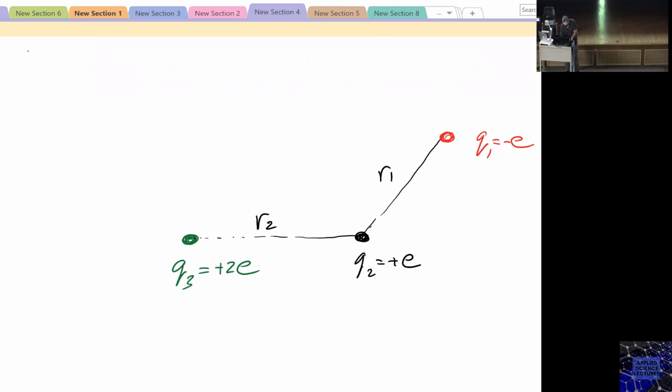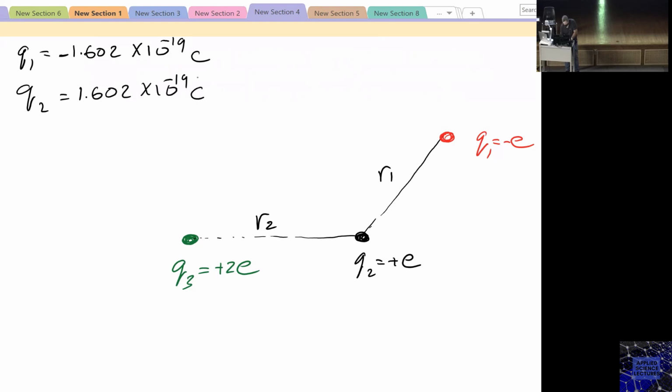So I have Q1 as minus 1.602 times 10 to the power minus 19 Coulomb. I have Q2 as 1.602 times 10 to the power minus 19 Coulomb.